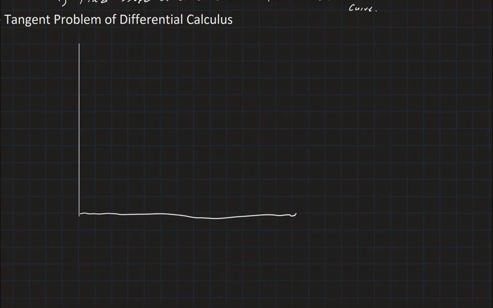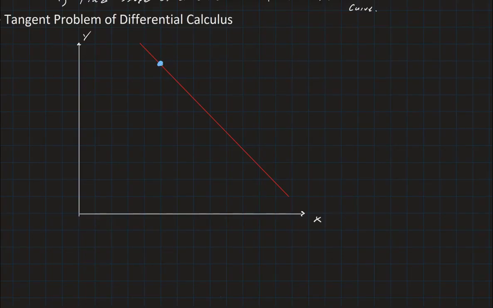So if I just draw my axes here, we'll label this one X and this one Y. And if I draw a line, I know that I can find the slope of this line so long as I have 2 points that lie on the line.